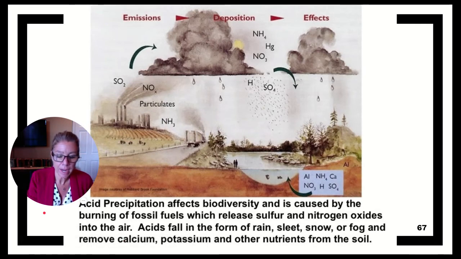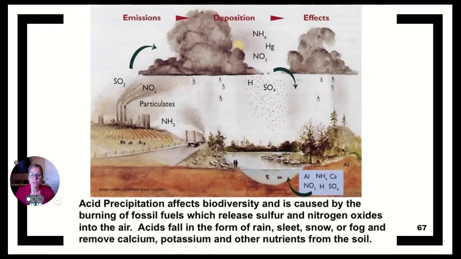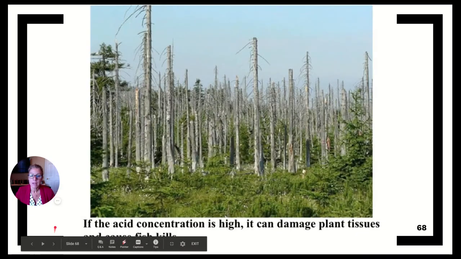Contributes to acid rain, photochemical smog, thermal inversions. So here you can see all of these things are going to impact biodiversity when you change the pH of soil, right? So acid rain bad.